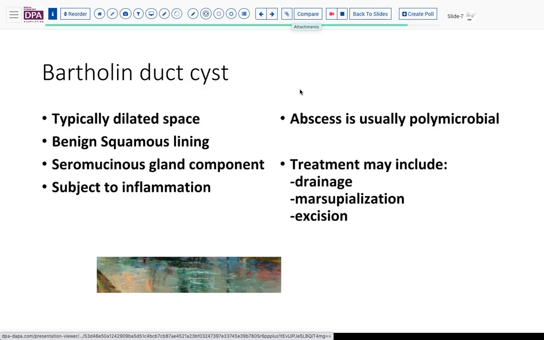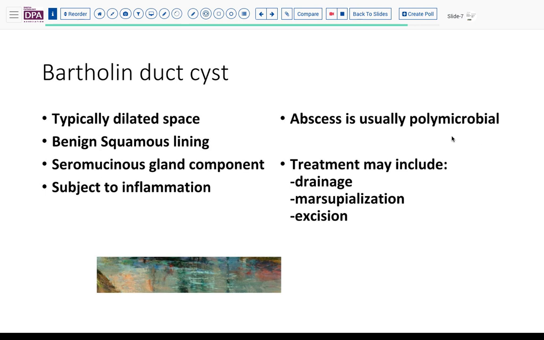Now, the Bartholin duct cyst is typically a dilated space with a squamous lining. There may on occasion be some seromucinous glands, either in the wall of the cyst or occasionally along the surface epithelium. These can become clinically important, particularly if they become inflamed. And that is usually due to some sort of obstruction in the duct egress and leads to a sort of polymicrobial abscess cavity.